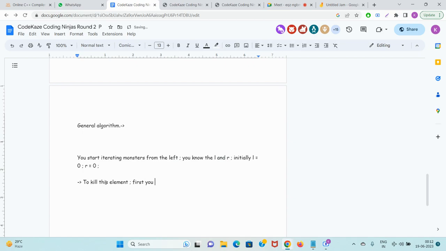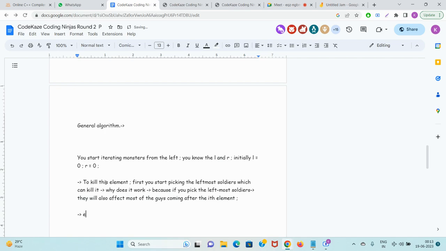First you start picking the leftmost soldiers which can kill it. Why does it work? Because if you pick the leftmost soldiers, they will also affect most of the guys coming after the ith element.